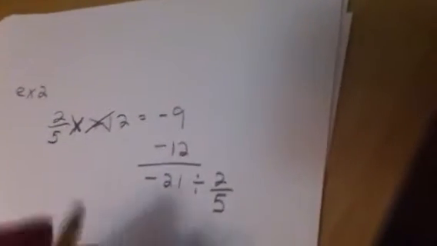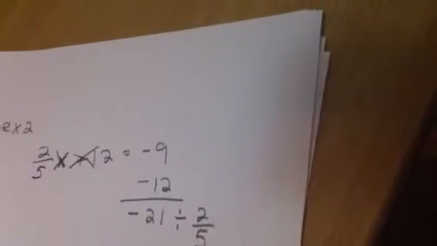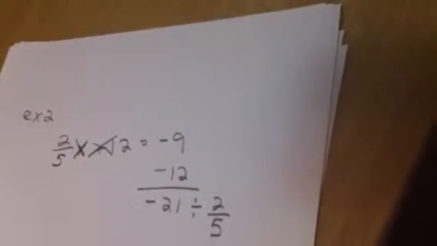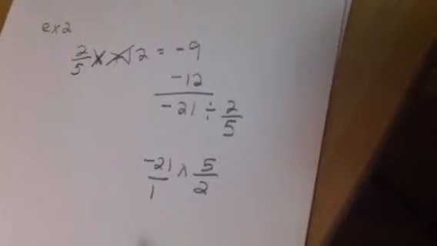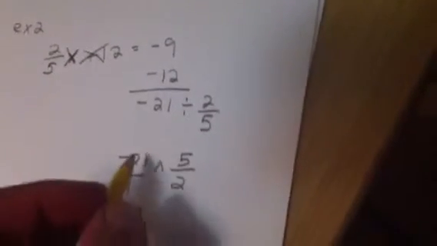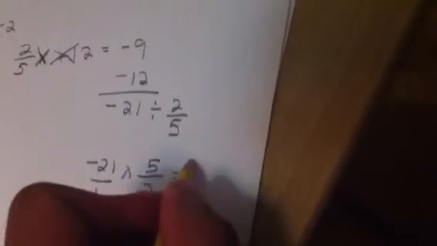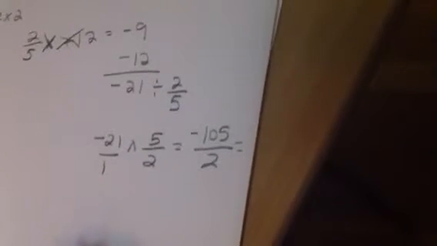Now, how do you do division by 2/5? It becomes negative 21. Remember the reciprocal. If you're dividing by a fraction, you do the reciprocal, so therefore this becomes really 5 over 2, and you multiply, make the 21 into a whole number, okay? And now you have negative 21 times 5 is going to be negative 105, okay? And 1 times 2 is 2. And if you reduce that, you should get negative 52.5.